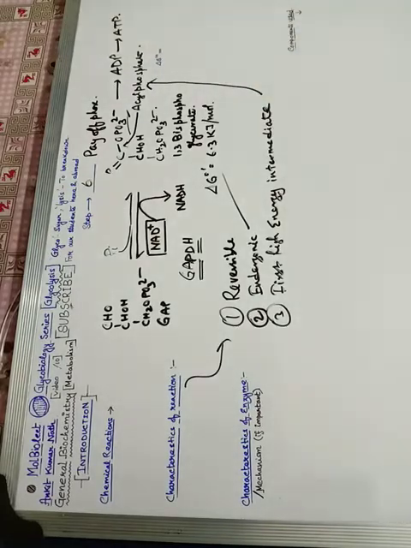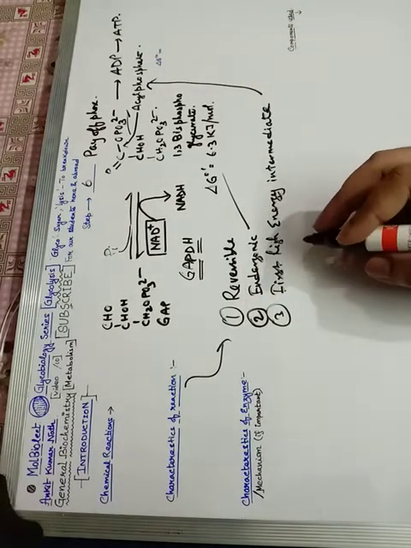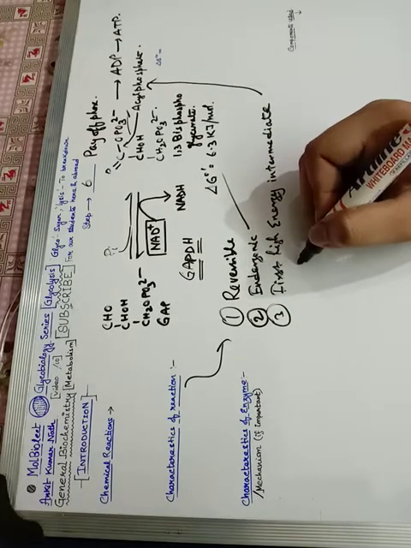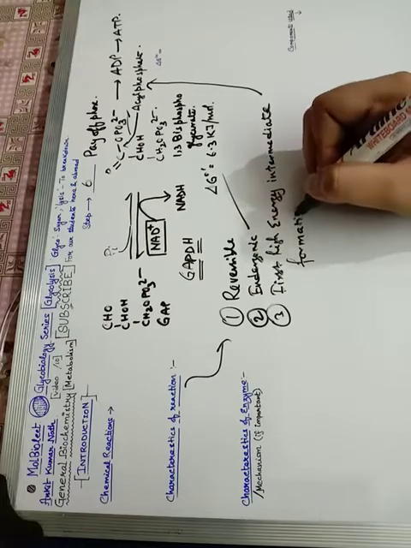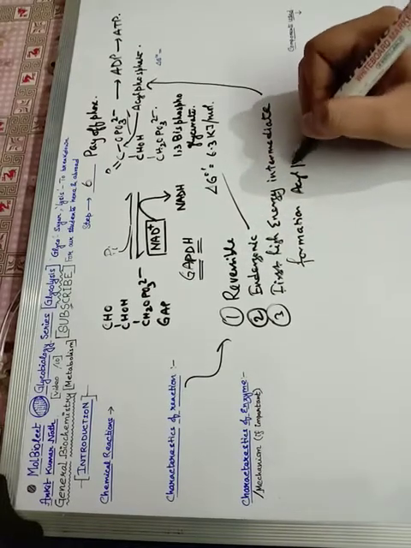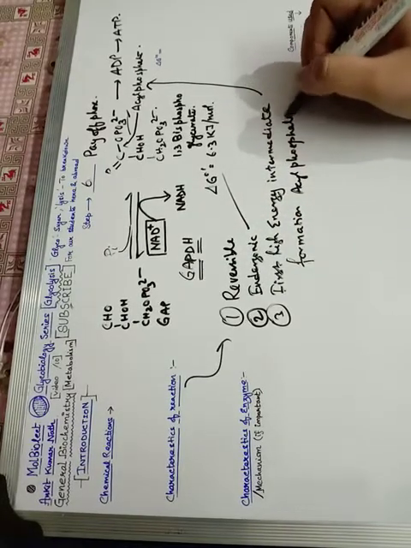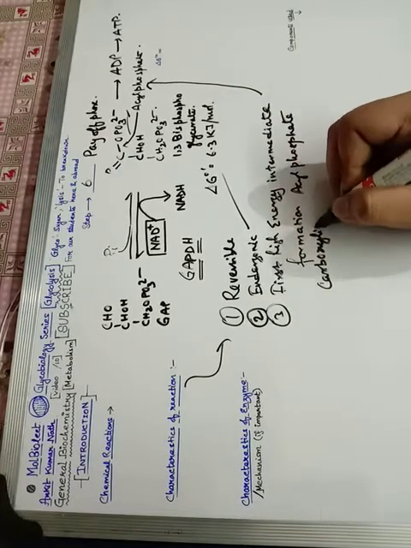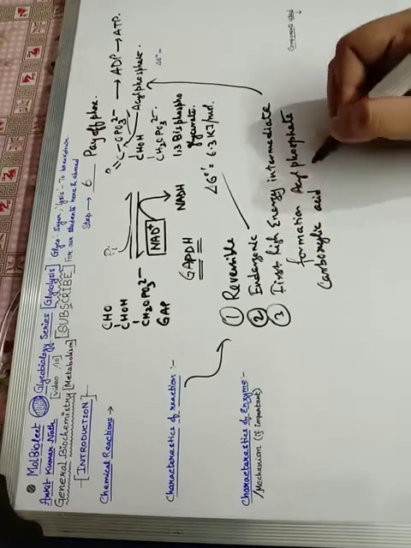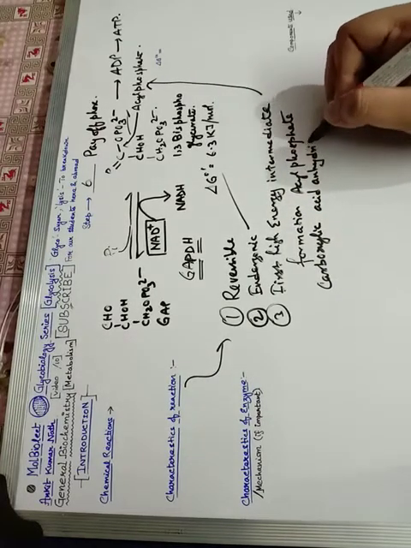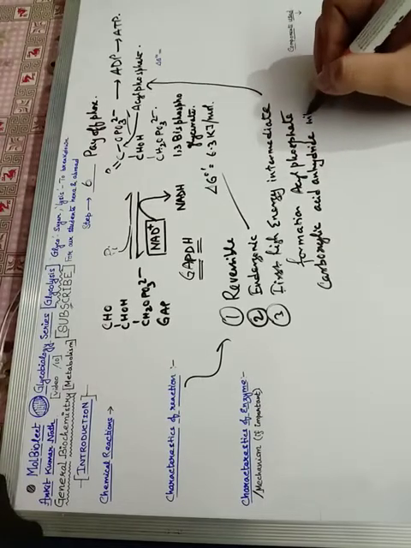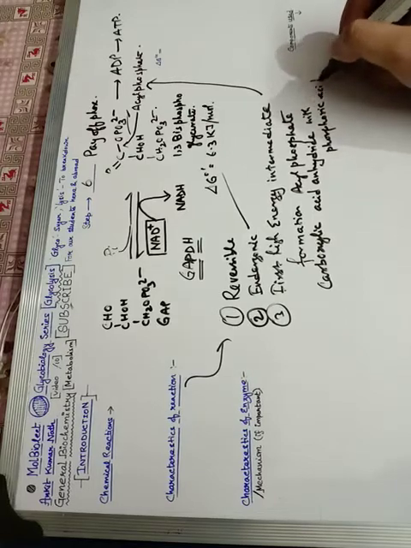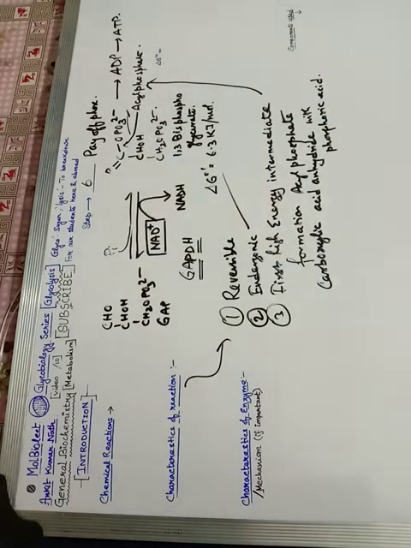So I kind of discussed the next step. This is the first high energy intermediate, formed by the carboxylic acid anhydride with phosphoric acid, which gives you the acyl phosphate.